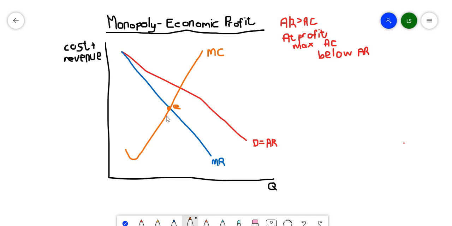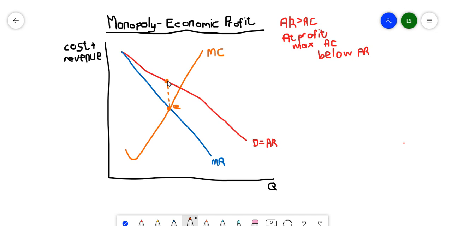So we find the price on the demand curve. When you draw demand, it is a price-quantity combination. So from your profit maximization point, you're going to go dotiki up until you touch your demand curve. If you use colors, then it's easy to see now. My demand curve is red. So as soon as you reach the demand curve, you make your bolletjie.